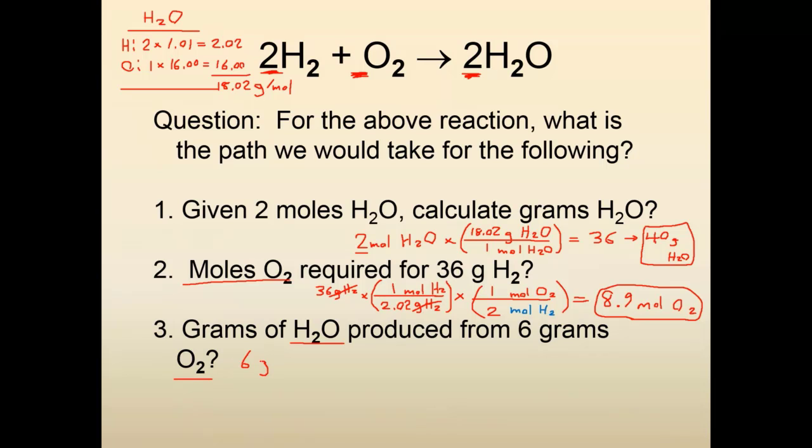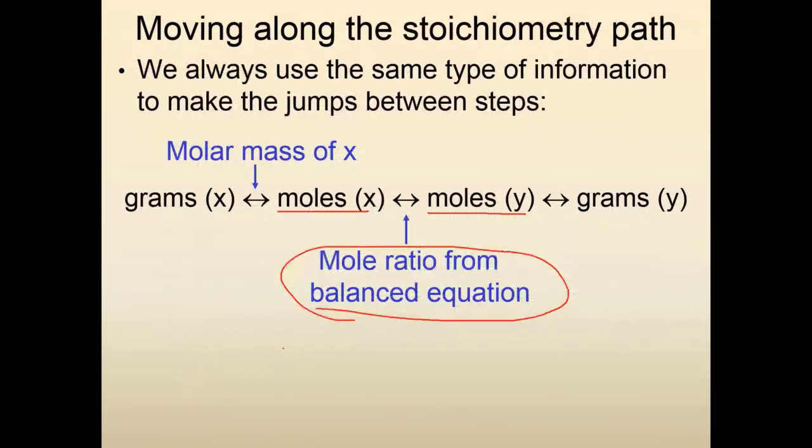Since I'm starting with grams of O2 and I'm trying to get to grams of H2O, I'm starting with the grams of X and trying to go all the way to grams of Y. So I'm going to have to do a molar mass conversion to get the moles, a mole to mole conversion to get to the other substance, and then a moles to gram conversion to get back to mass. There's going to be 3 conversions here that I'm going to need.